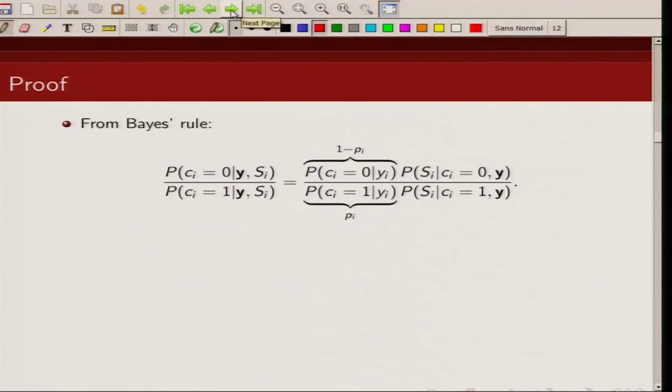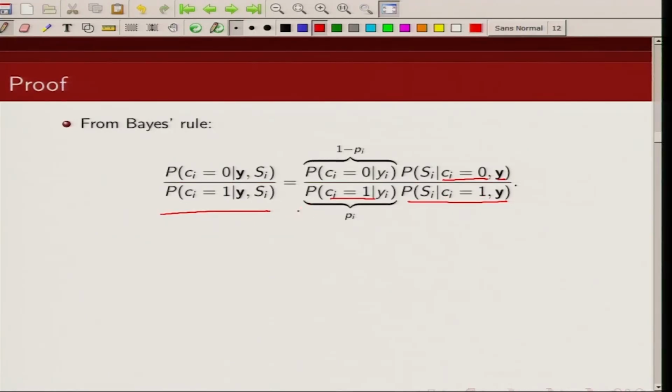So, let us see. So, from Bayes rule we can write this probability as probability of Ci being 0 given Yi multiplied by probability that the parity check constraints are satisfied given Ci is 0 and the received sequence is Y. And similarly, denominator we can write that is probability of Ci being 1 given received sequence Y and multiplied by the probability that parity check constraints involving Ci is satisfied when Ci is 1.